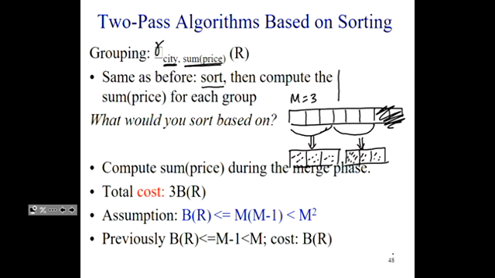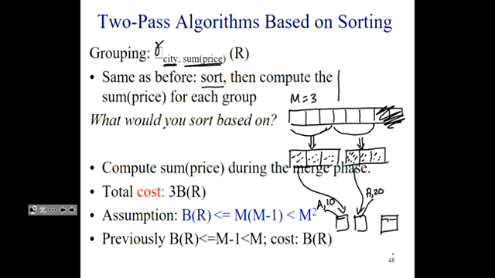Next, I'll need to bring one representative of each of these two runs into memory, and I will keep an output buffer. The output buffer is going to compute the city comma sum of price for all of the city tuples. So here maybe I have one with city A and price 10, and here one with city A and price 20.